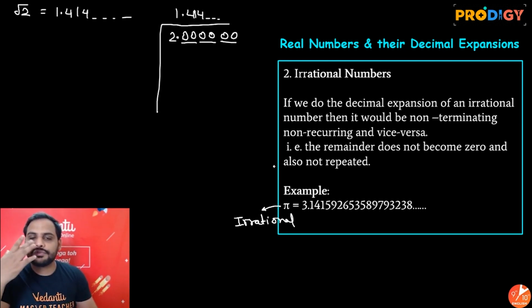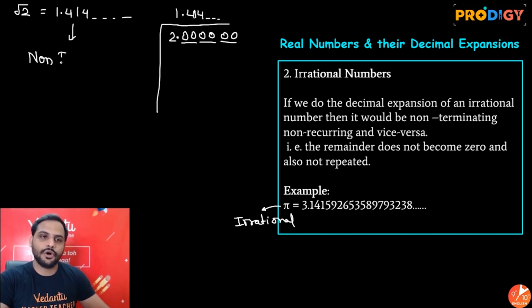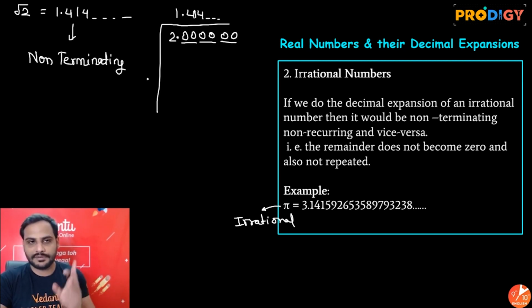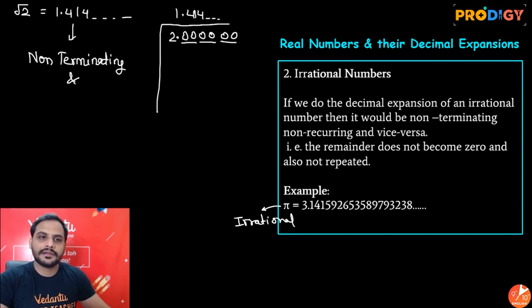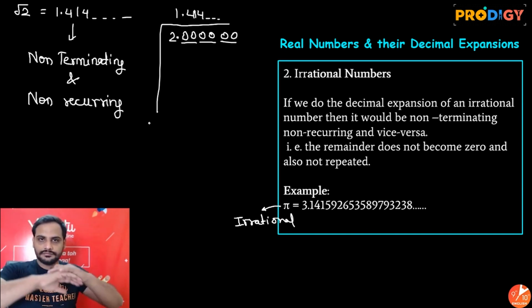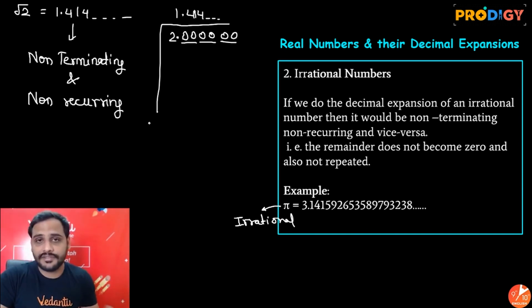So there you will observe that the decimal expansion of an irrational number is non-terminating. Here also the remainder will never be 0. But there is also no pattern, non-terminating and non-recurring. So in the decimal expansion of irrational numbers, there is no pattern also.